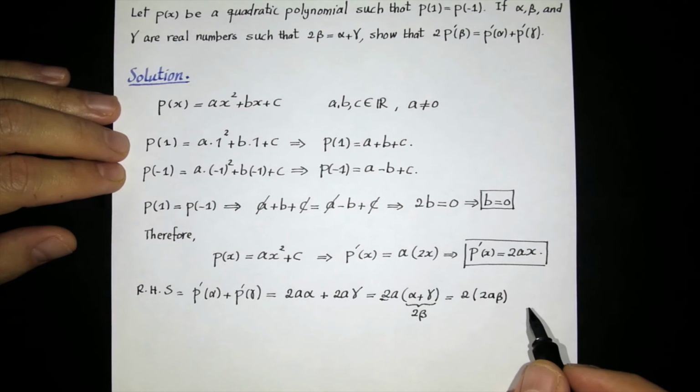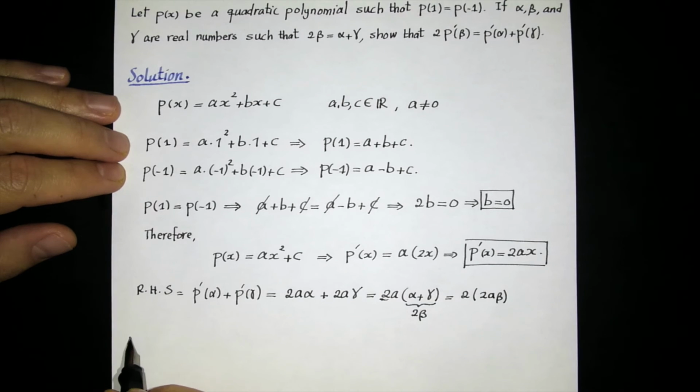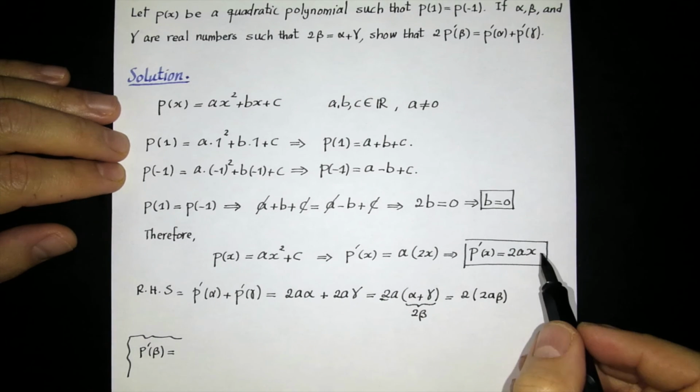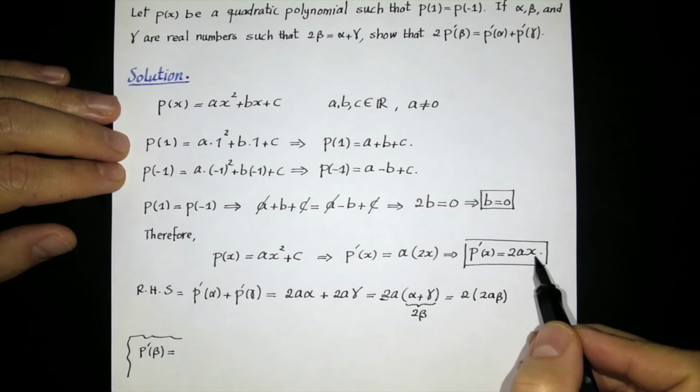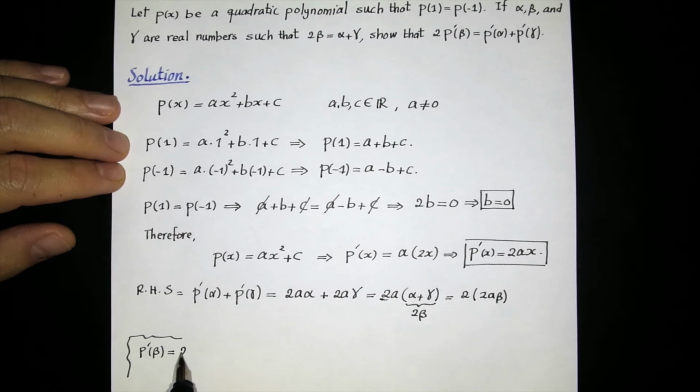Now if I ask you, for example, what is p prime of beta, you realize that I have to replace x with beta. So it becomes 2a beta. This is something you can immediately discover.